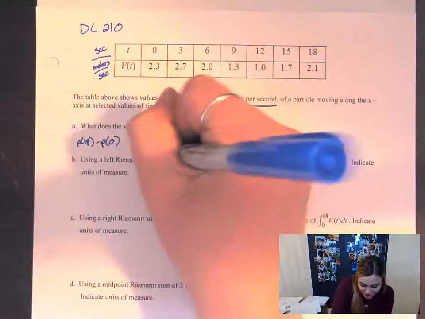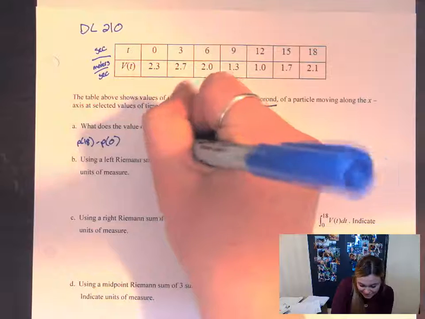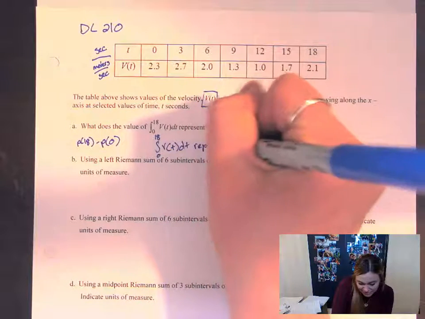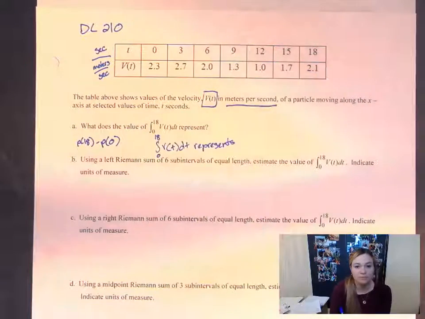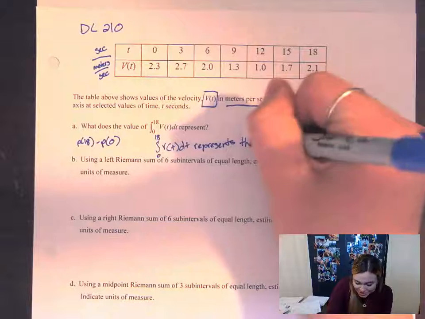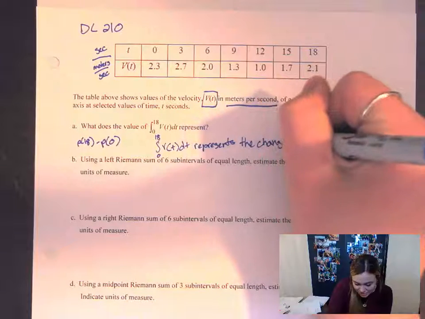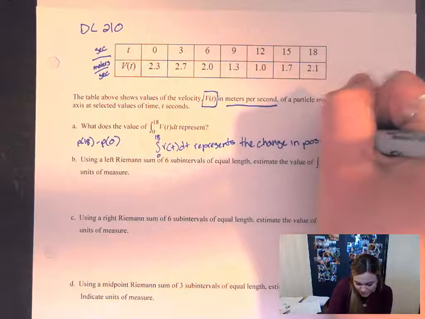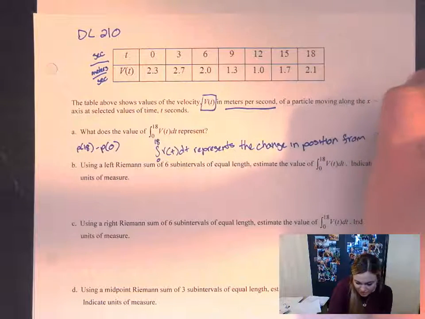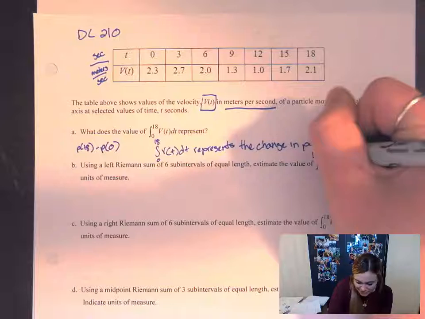So the integral from 0 to 18 of v of t dt represents what? The change in position from 0 to 18 seconds.